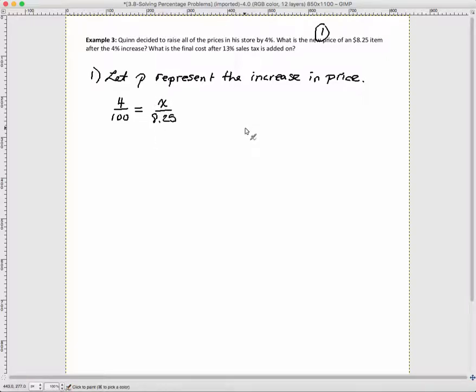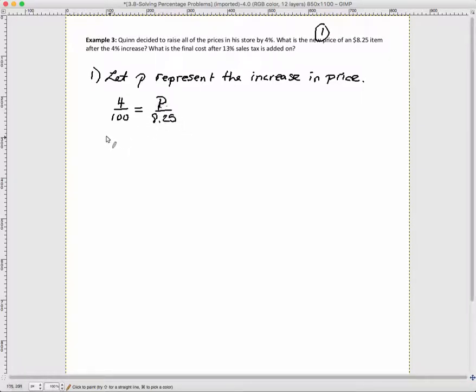That's going to tell us how much. Oh, I used X instead of P. Let's go ahead and erase that. There we go. And we call that P, because that's what our variable was. We want to isolate for P, because P is going to be the part that is increased.